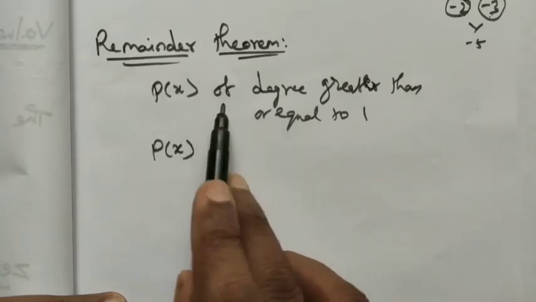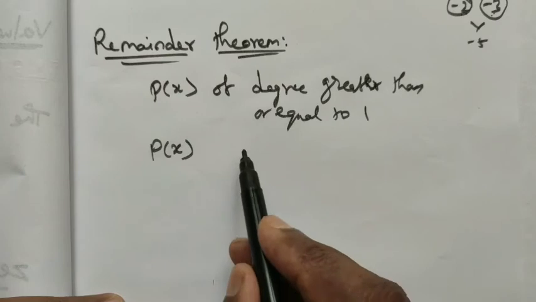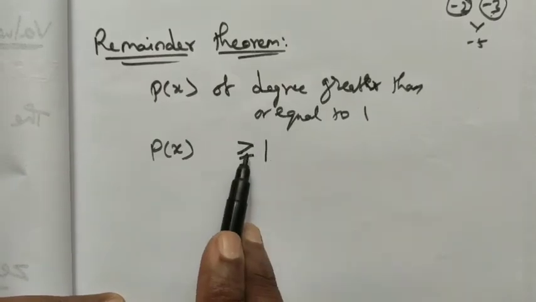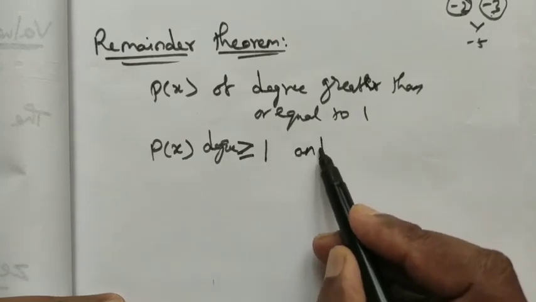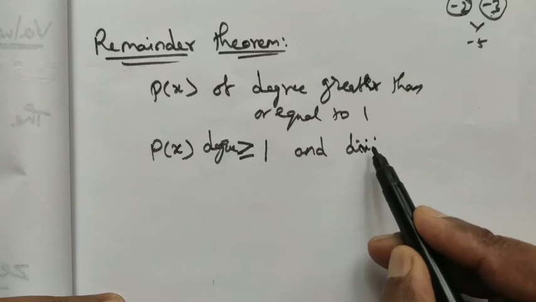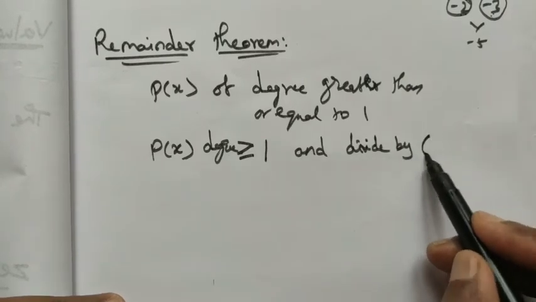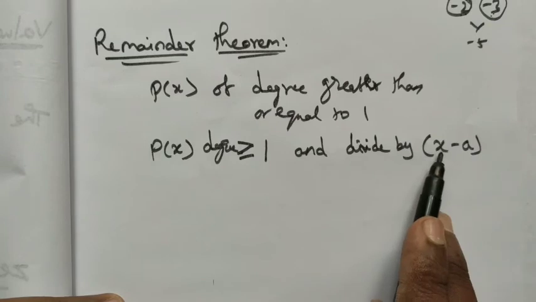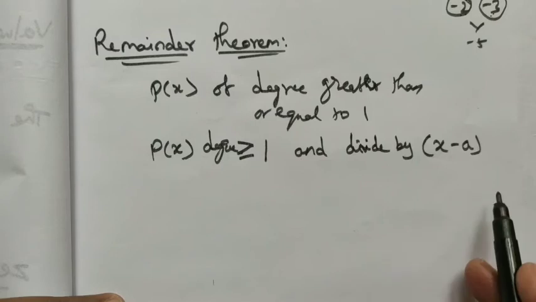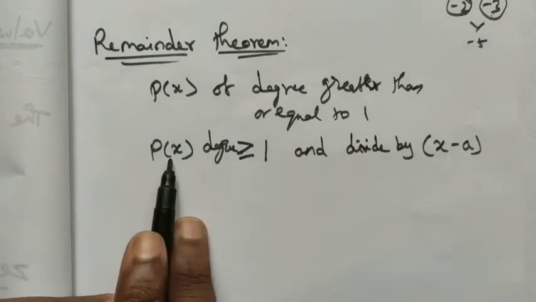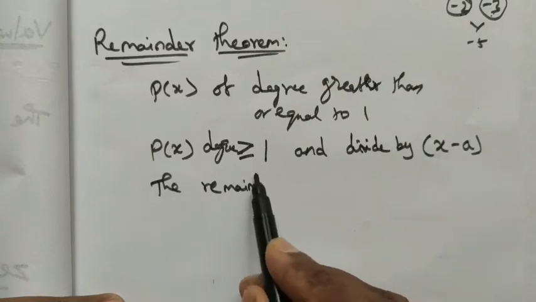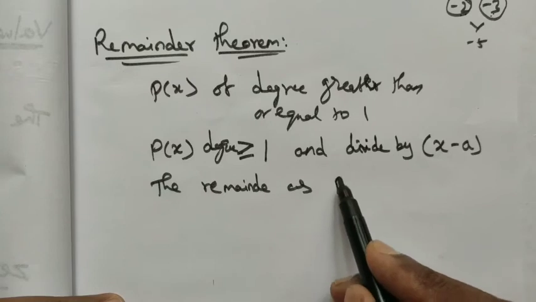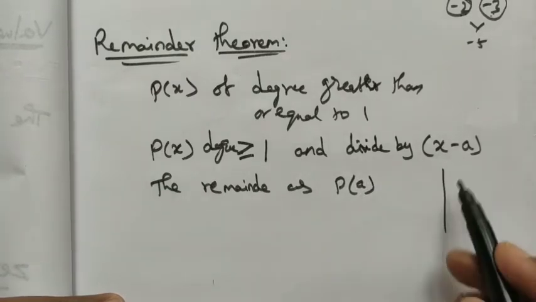P of x, the polynomial, has degree greater than or equal to 1 and is divided by a linear polynomial, that is x minus a, the variable having power 1. This is called a linear polynomial, x minus a. Then if you divide this polynomial by x minus a, we get the remainder as p of a.